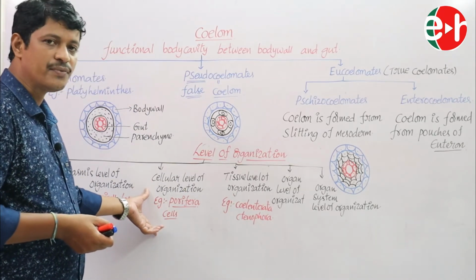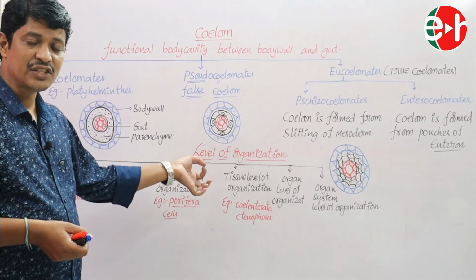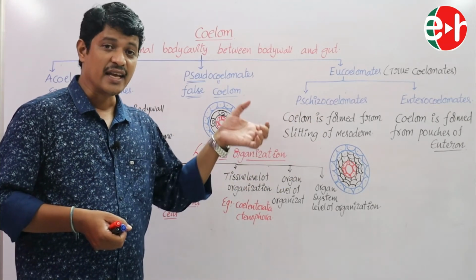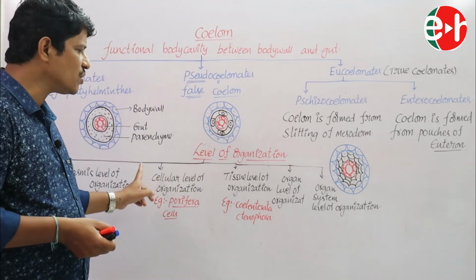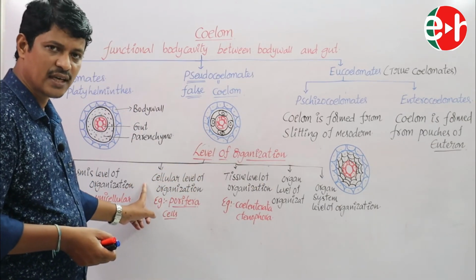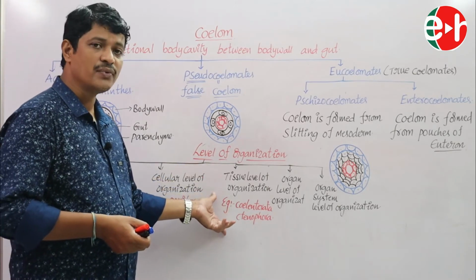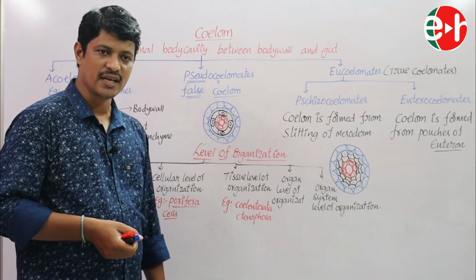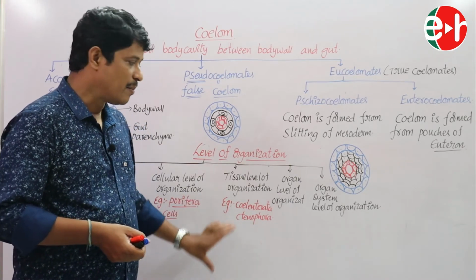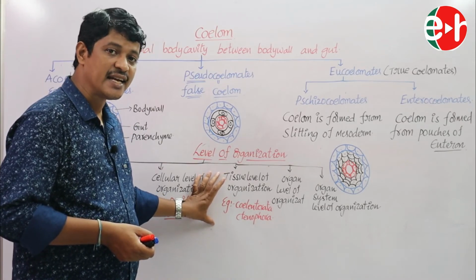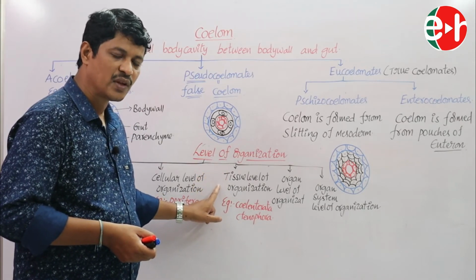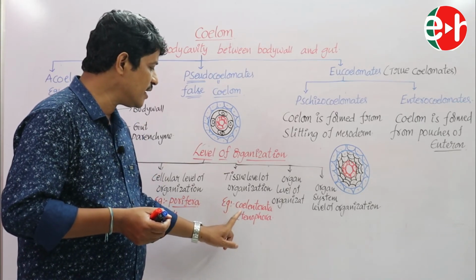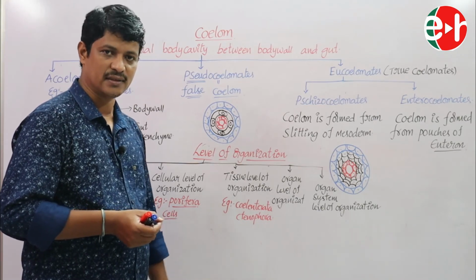See, in the cellular level, the aggregation, also called association of cells, is without coordination. Here the metabolic activities are carried out by tissues only, in Coelenterata and Ctenophora animals.